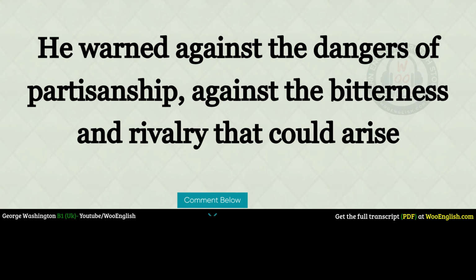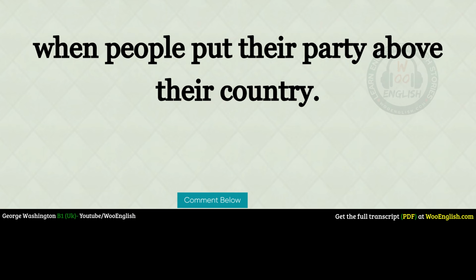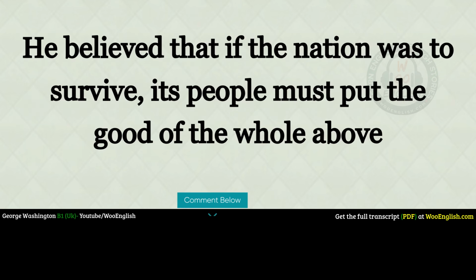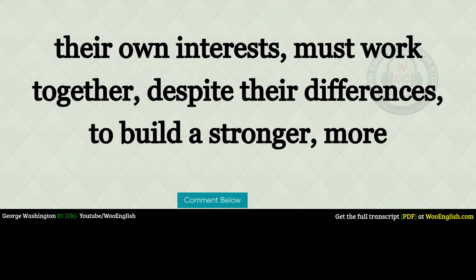He warned against the dangers of partisanship, against the bitterness and rivalry that could arise when people put their party above their country. "Let me warn you in the most solemn manner," Washington wrote, "against the baneful effects of the spirit of party." He believed that if the nation was to survive, its people must put the good of the whole above their own interests, must work together, despite their differences, to build a stronger, more united America.